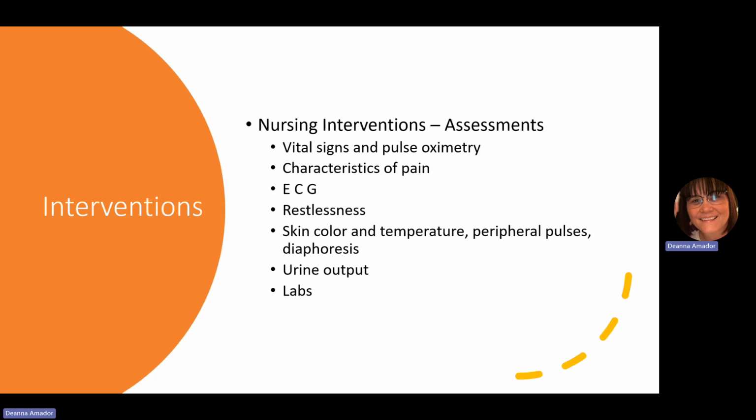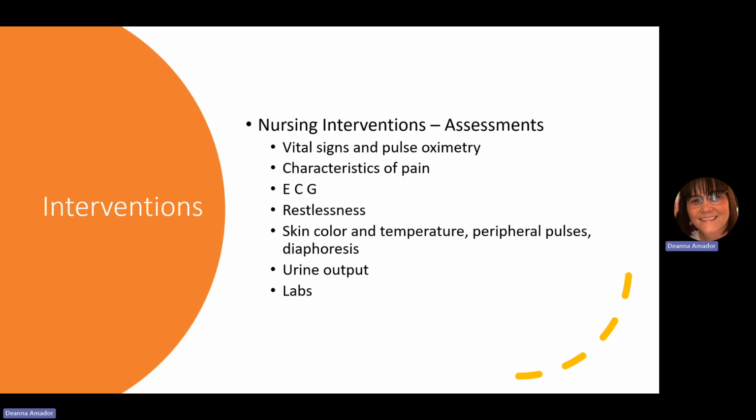A lot of times with the CK-MB and the troponin, they will get serial levels. So that means that they'll get multiple ones. They'll get those blood tests Q6 hours times 3. And what they want to do is to see the numbers start to trend down.